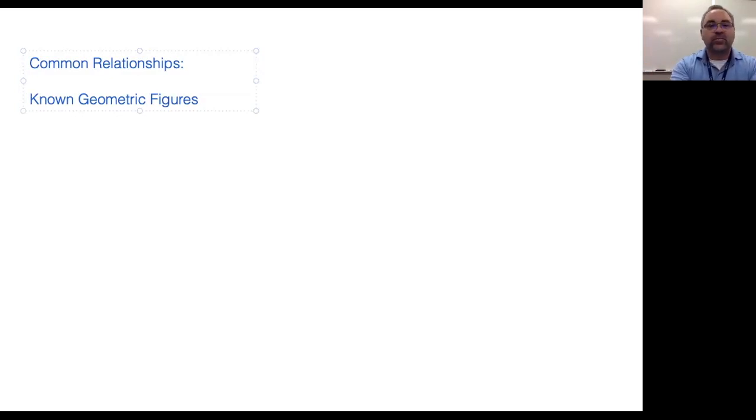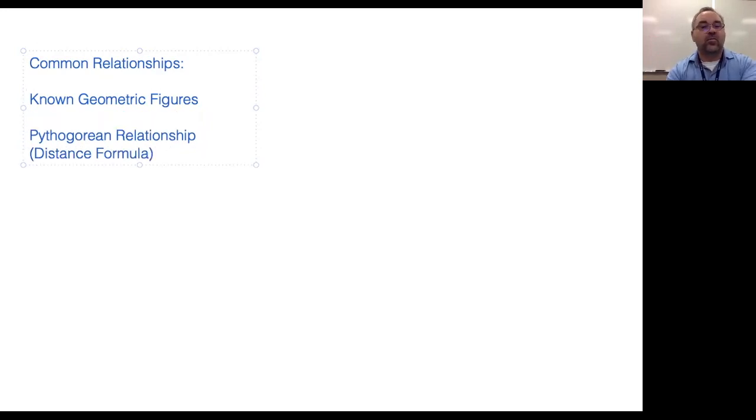Another one that shows up all the time is a Pythagorean relationship. Also remember that we used Pythagoras' theorem to create the distance formula back in geometry, right? So that shows up quite a bit.